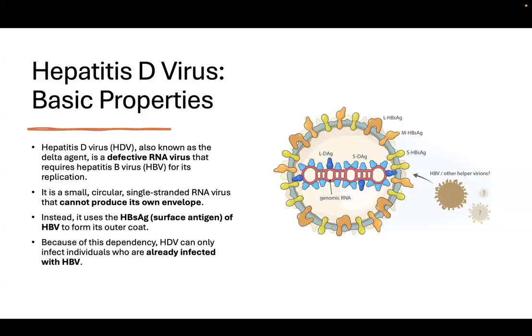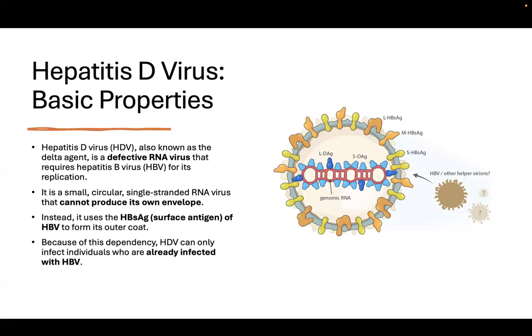Then we have the hepatitis D virus, which I never thought actually existed. This course really helped me to understand it. The reason I never really heard about it is that it's not really seen a lot, and people are not really interested in it because it's a defective virus. It's a defective RNA virus that has an envelope, and its envelope is made from the surface antigen coming from hepatitis B. So hepatitis D virus is not able to produce its own envelope.